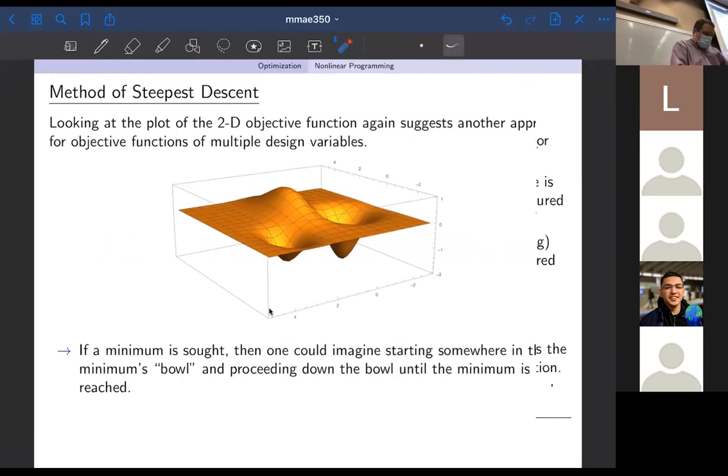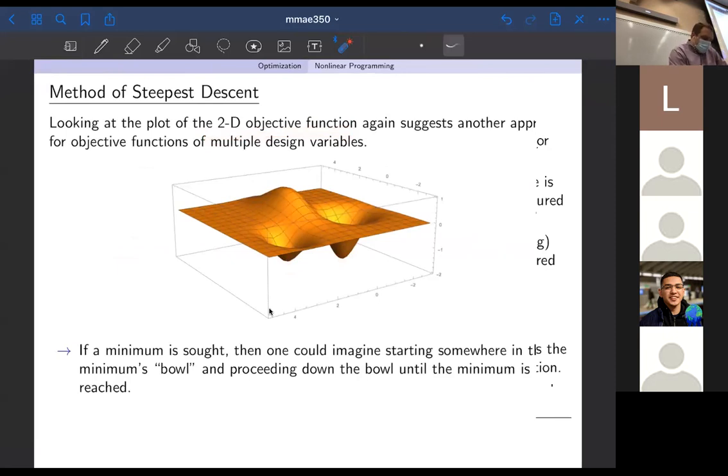Okay, so let's look at a method, not necessarily the best method, but a method for determining the minimums, back to our 2D objective function. It's called the method of steepest descent, which is exactly what it sounds like.